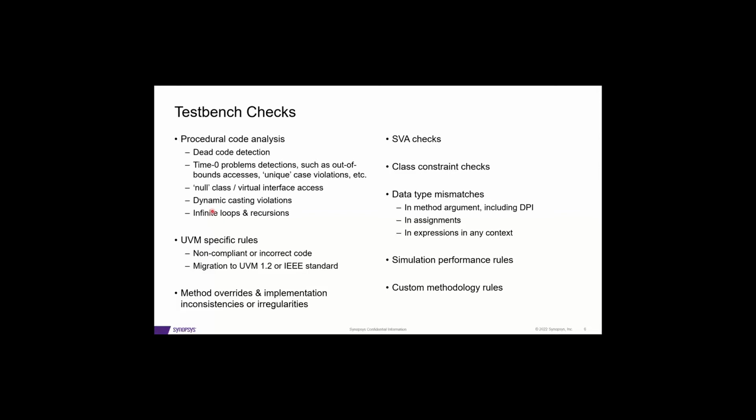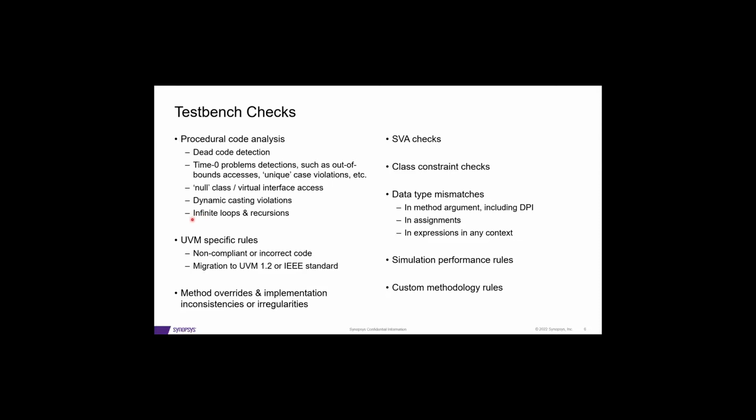The first one is rules to check the procedural code, such as detecting dead code or unreachable code, or detection of time zero issues such as out of bounds access, unique case violations, or counter evaluation at time zero, etc. Detecting null class access or virtual interface access, and checking for infinite loops or recursions, which are sometimes very difficult and time-consuming to debug.